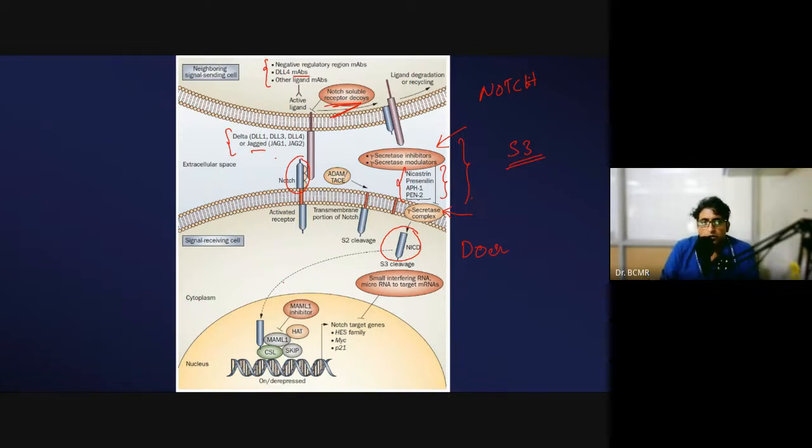Similarly, people are also trying other approaches, because there are accessory proteins which will bind to the NICD, along with which the transcriptional activation of the target genes happens, trying to interfere by using MAML1 inhibitors. There are also some other ways of trying to do it, because the target genes are produced.